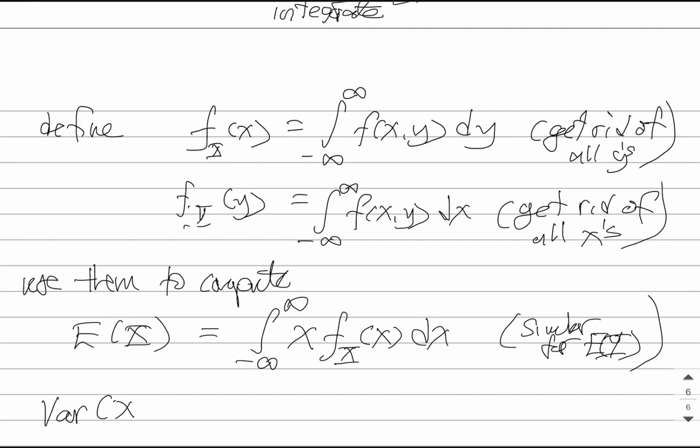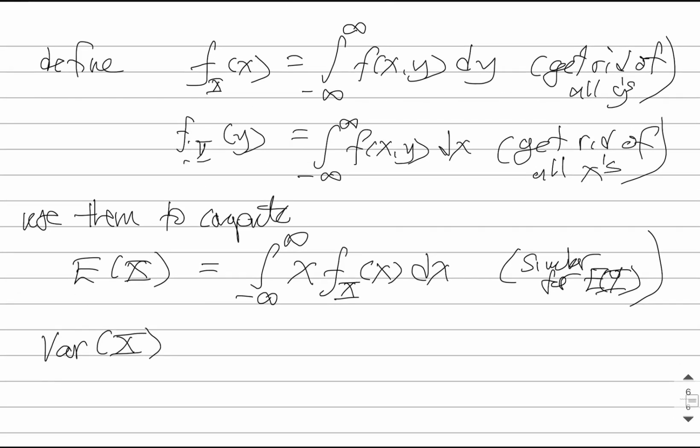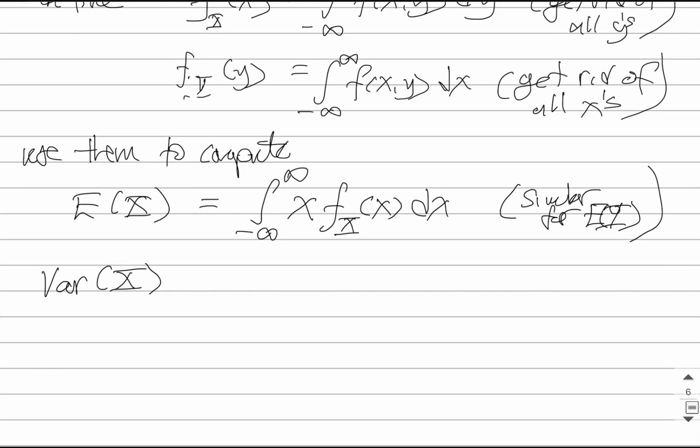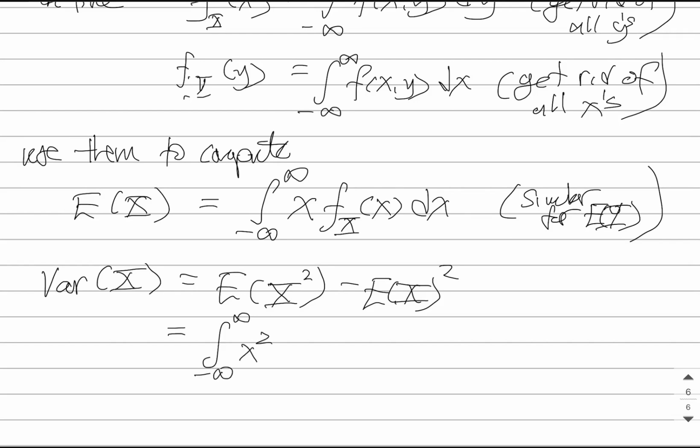We could determine the variance of x by doing a similar thing. We would take our previous definition, E of x squared minus the expectation all squared. So we would be integrating x squared times this x marginal distribution minus the result that we got above squared.